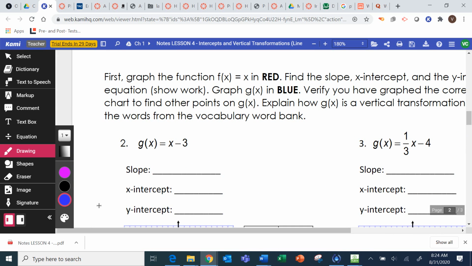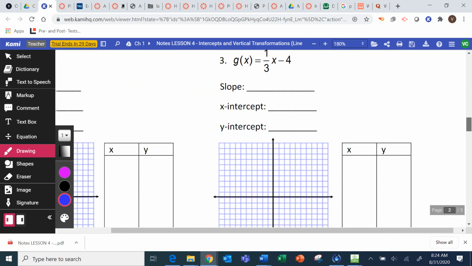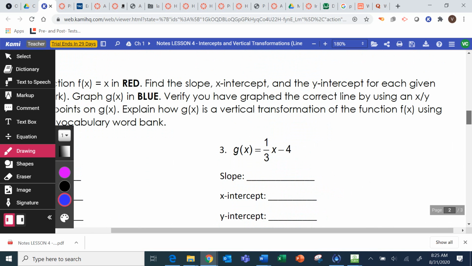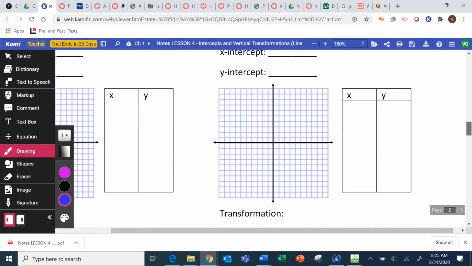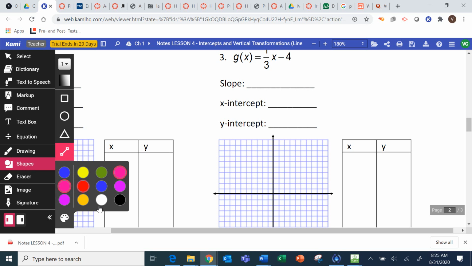Okay. So last time we were graphing, I think we did number 2 and number 4. Is that correct? So I'm going to do number 3, since we already did number 2. Number 3, we are graphing the original function in red and then the new function in blue. If you are using Kami right now, you have lines, and you can just grab a red line.